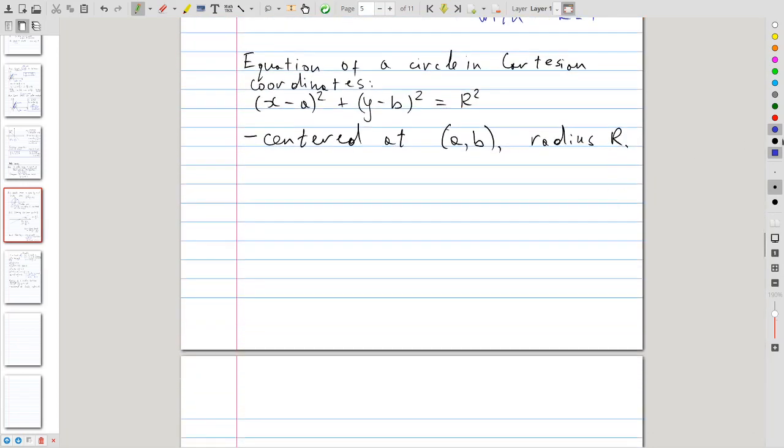And so as an exercise, let me ask you this. What is the curve that corresponds to r equals 4 sine theta in polar coordinates?